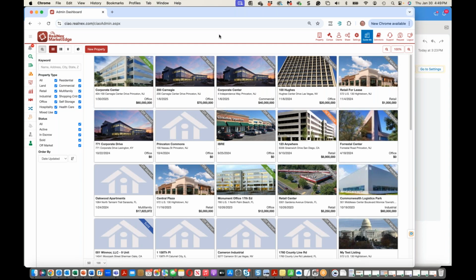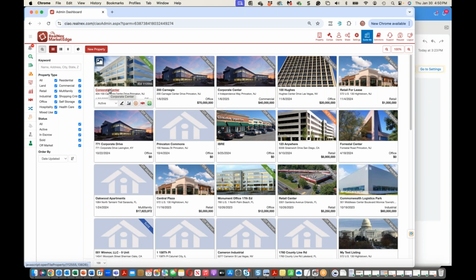Well deserved. Fantastic. Inside of Market Edge, so here's RealNext inside of Market Edge. This icon here is the investment analysis. There's also the comparative lease analysis and deal rooms, but this is the one that Jeff was working with. And here you'd see a library of properties that are part of my portfolio of assets that we use for different evaluations.